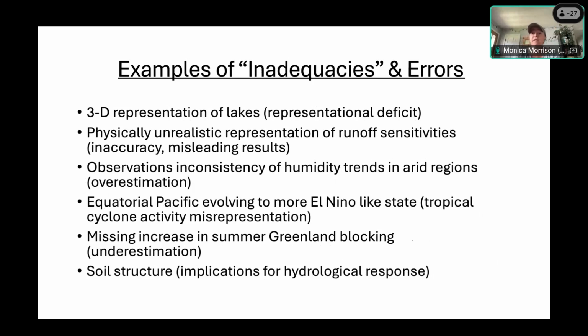There are also things related to some of the biases talked about in one of the earlier project presentations, where in terms of how our models represent trends, especially humidity trends in arid regions, there's inconsistency between how the model is evolving under new conditions and what we're actually seeing in how things are trending in observations.